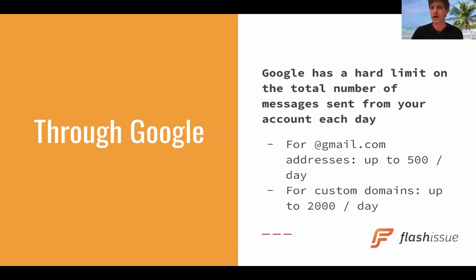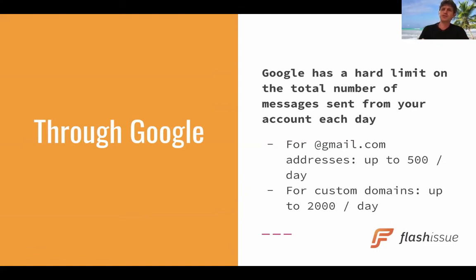This includes replies and sends. It's not just sending a message. It's sending a message and replying to a message. Really, everything counts. If you have your own custom domain, so if you have GSuite, so your address is not a gmail.com address, but your own custom domain, then that limit is 2,000 per day, which is a huge difference, right?